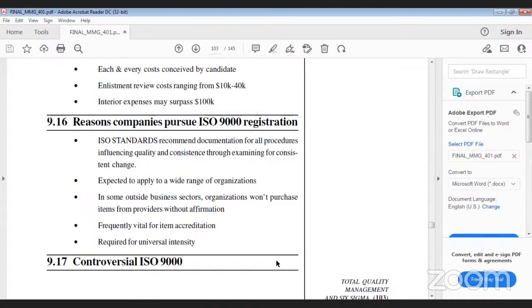Then there are some points of reasons why companies pursue ISO 9000 registration. ISO standards are some recommendations or documents for all problems. They are expected to apply to a wide range of organizations.